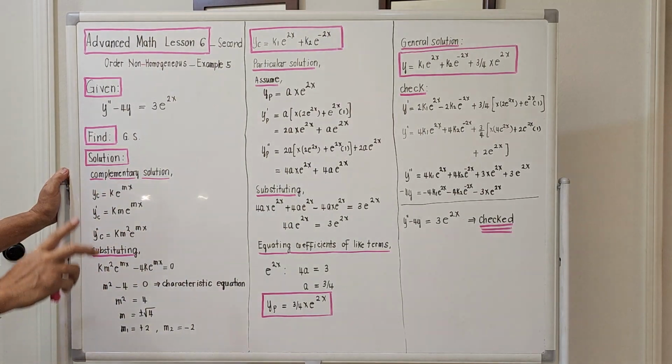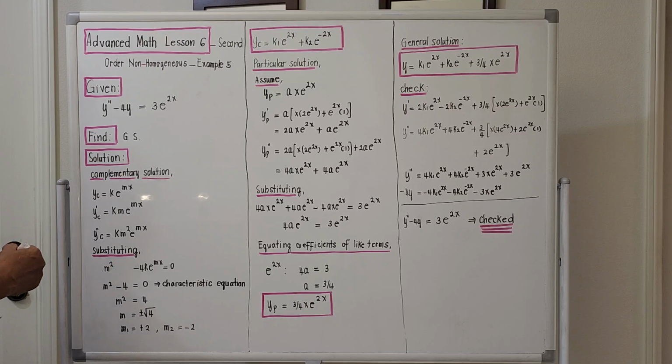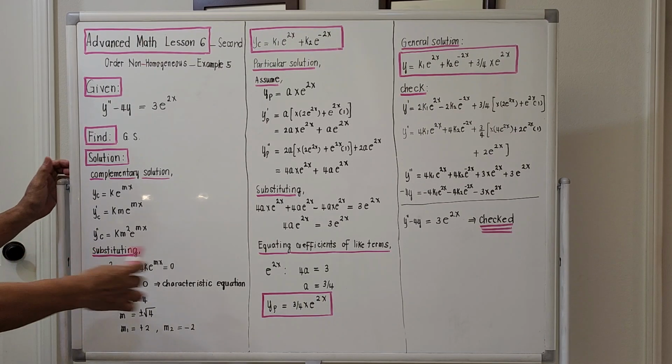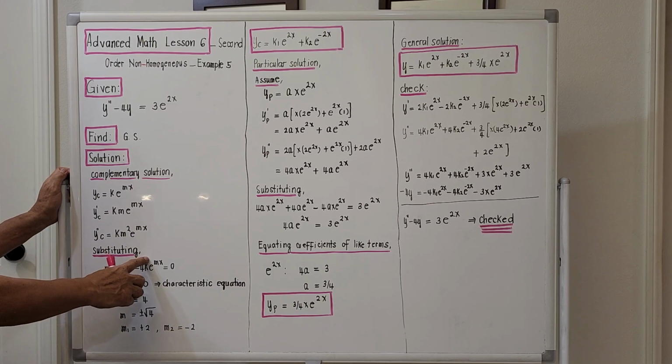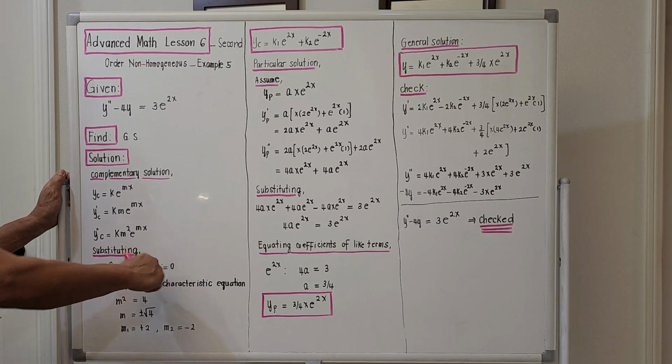There is a common factor k e to the mx, so this will disappear. What remains on the first one will be an m square. On the second portion on the left, the common factor will disappear, since this is multiplied by 1.